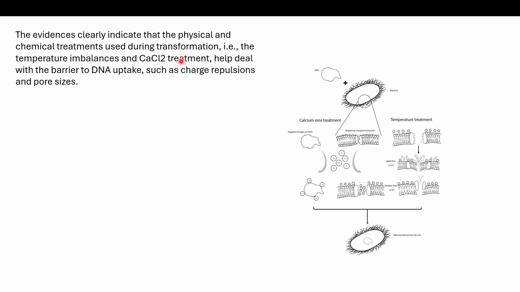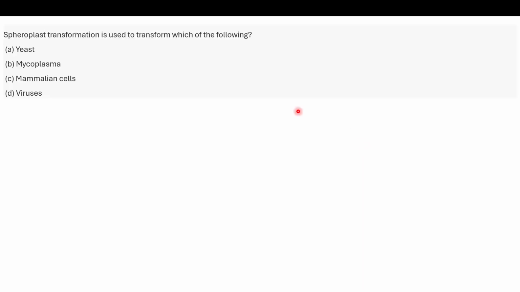Then you give CaCl2 treatment. It helps deal with the barriers to DNA uptake, such as charge repulsions and pore sizes. So calcium ion treatment and temperature imbalances accelerate the process of plasmid DNA uptake.